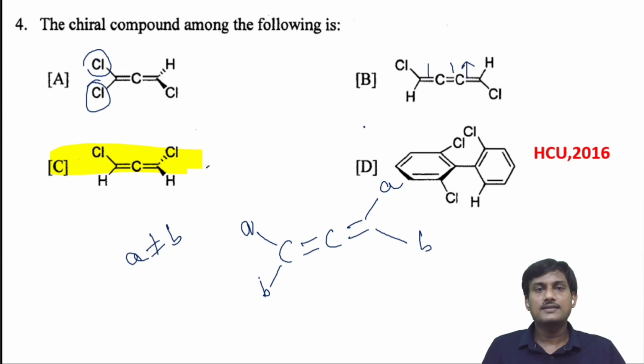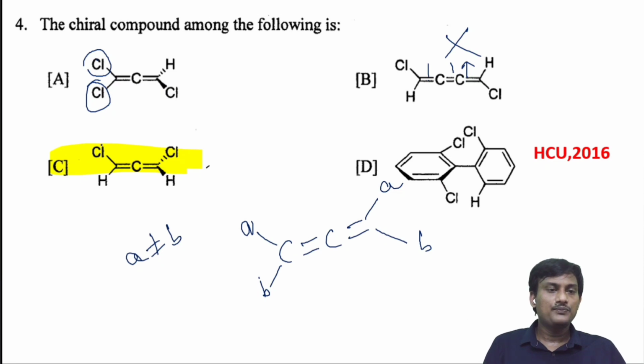If the molecule has 2 pi bonds or 4 pi bonds or 6 pi bonds which are continuous, then the molecule is chiral. But if it has an odd number of pi bonds, 3, 5, 7, these are not chiral.